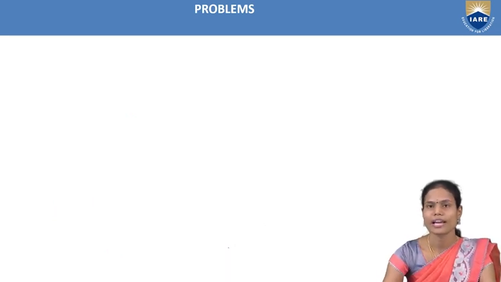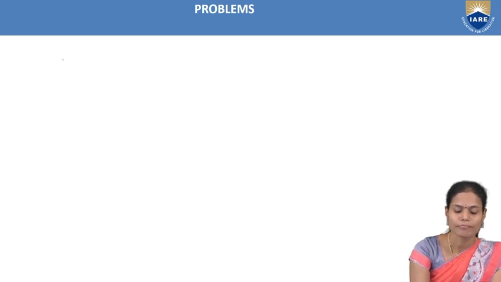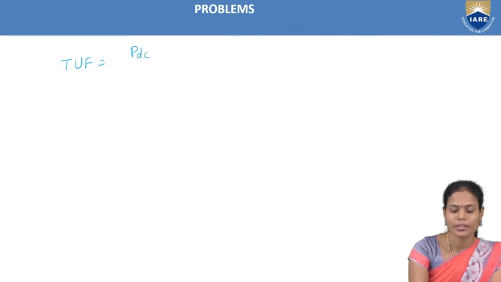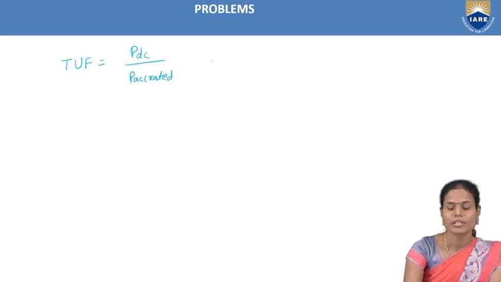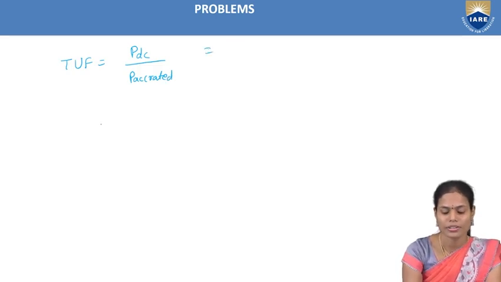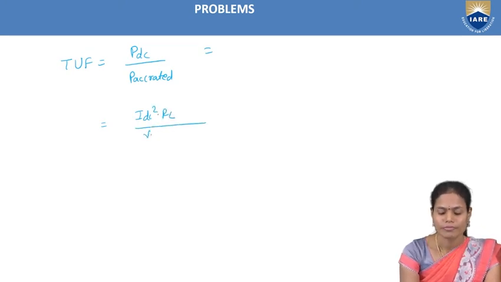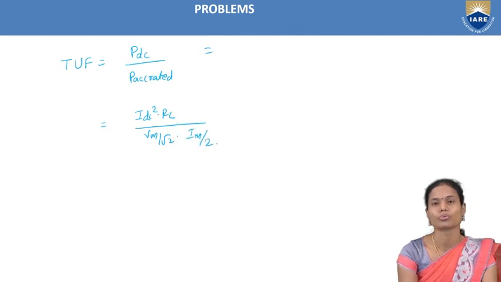So next we need to calculate the transformer utilization factor. The transformer utilization factor is nothing but PDC by PAC rated. PDC we can write as IDC square into RL. The PAC rated is Vm by root 2 into Im by 2.